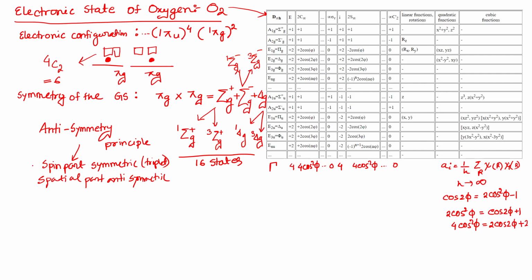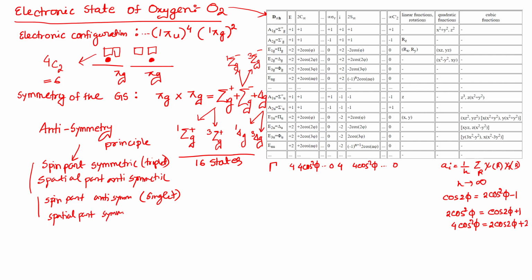And vice versa, that is, if your spin part is anti-symmetric, the case for singlet, then your spatial part should be symmetric.